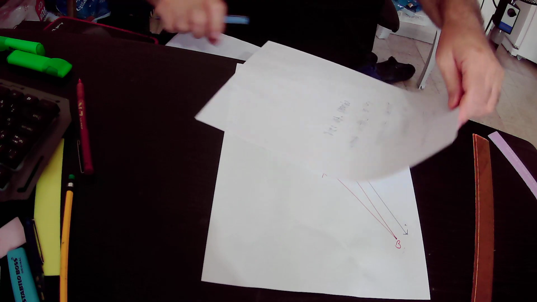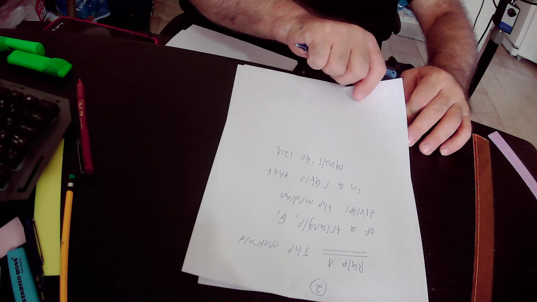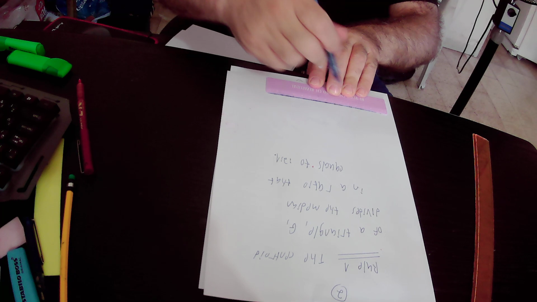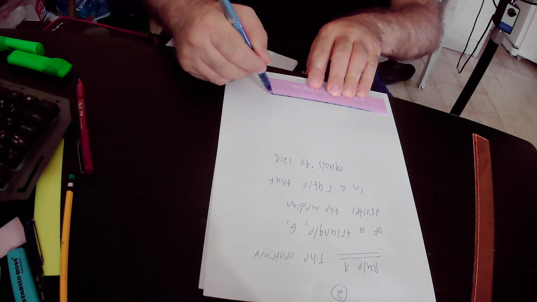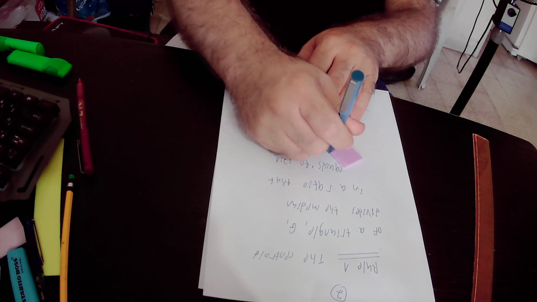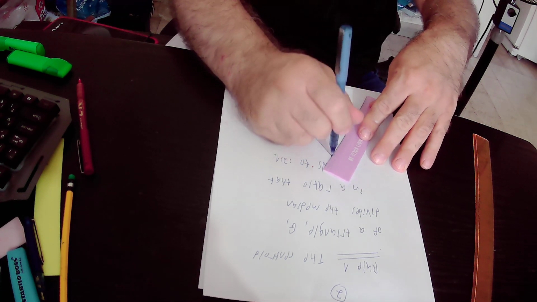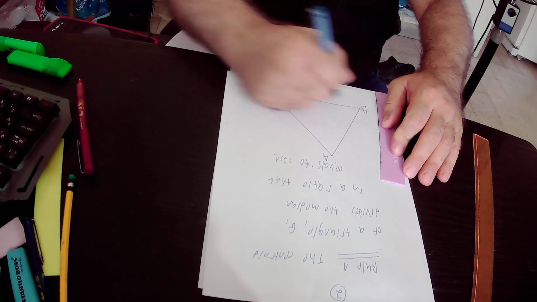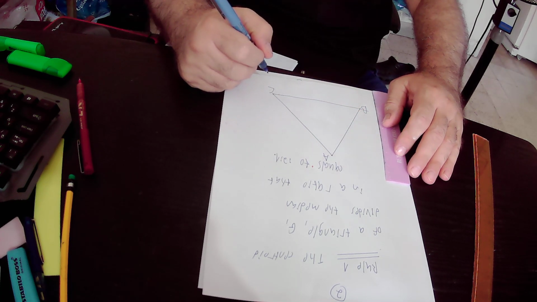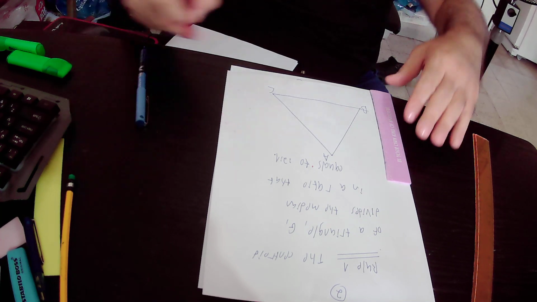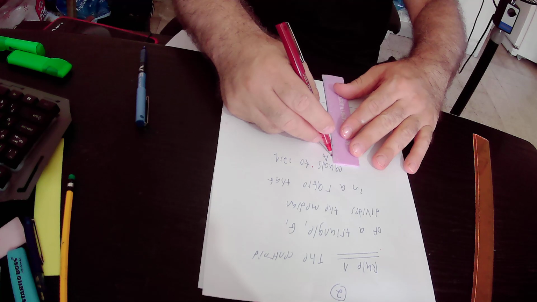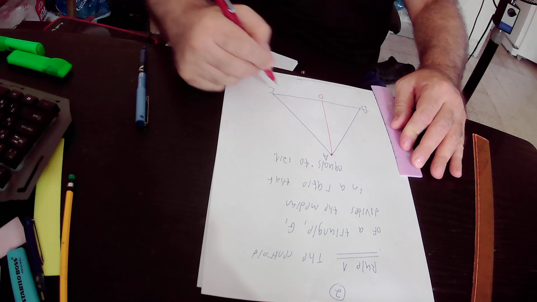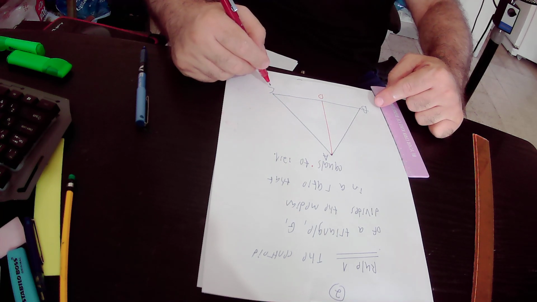So actually, if we have triangle ABC, that could be any triangle, and we know that AD is the median of triangle ABC, that is to say AD divides side BC in 2 equal parts, so AD bisects BC.